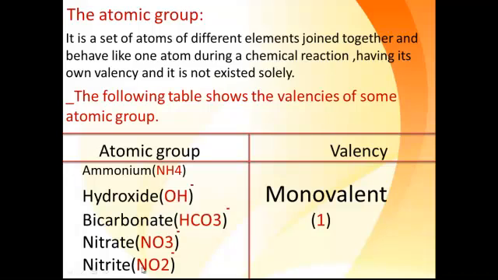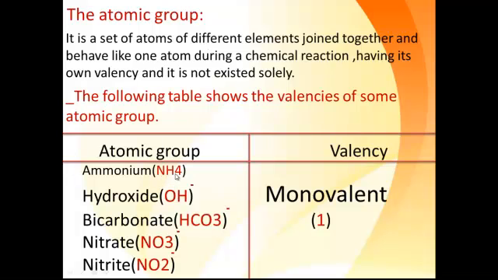From these examples, we can conclude the concept of the atomic group. An atomic group is a set of atoms. As you can see, this nitrogen atom, hydrogen atom, oxygen atom, hydrogen atom linked with carbon, linked with oxygen, all of them are called a set of atoms of different elements.